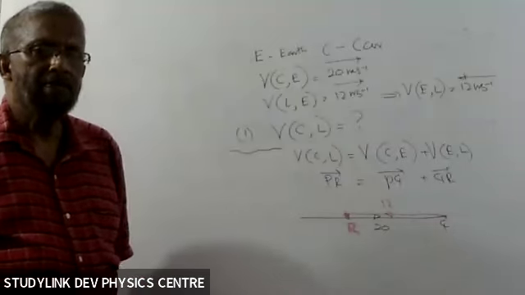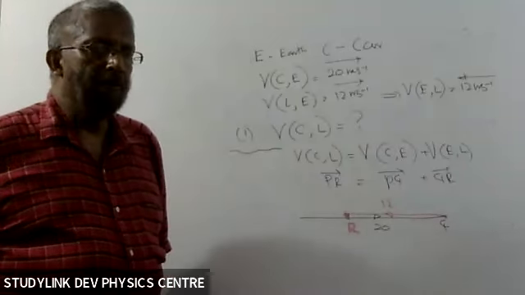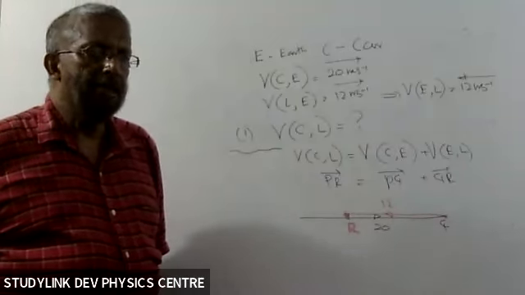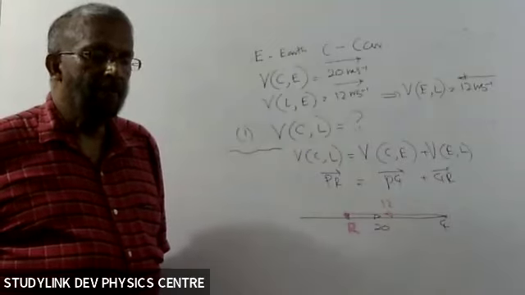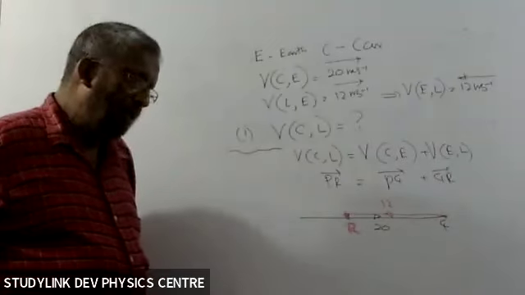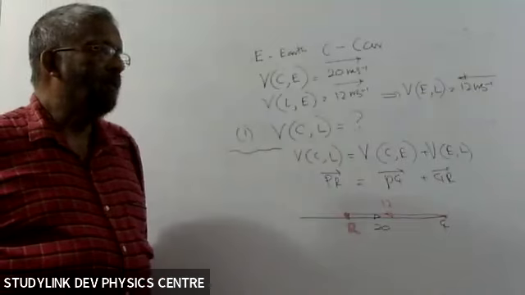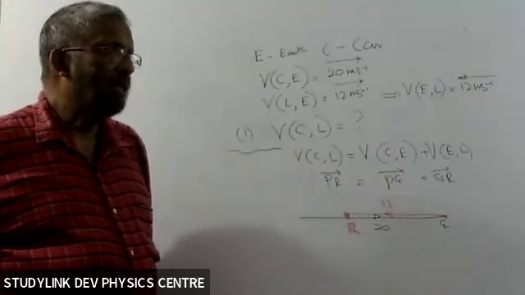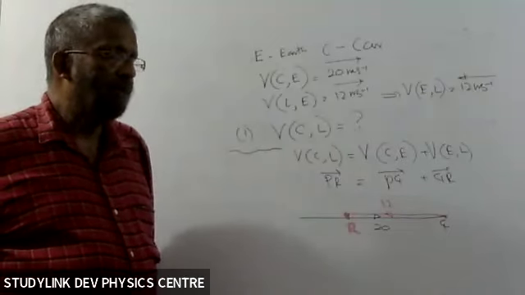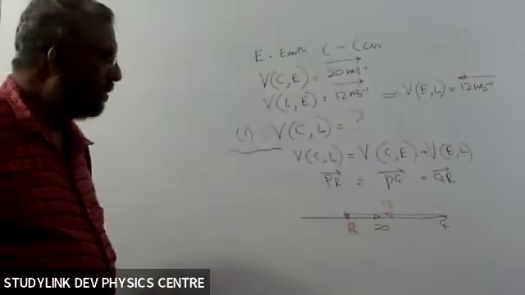Find the velocity of the car relative to the lorry, and find also the velocity of the lorry relative to the car, the opposite way.